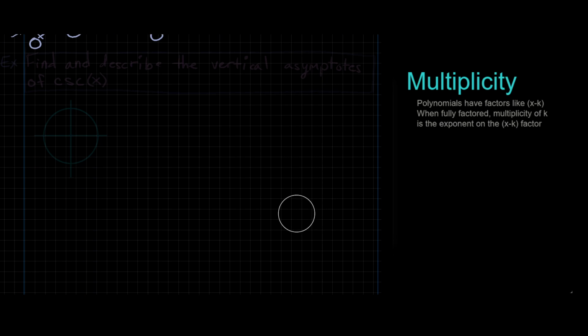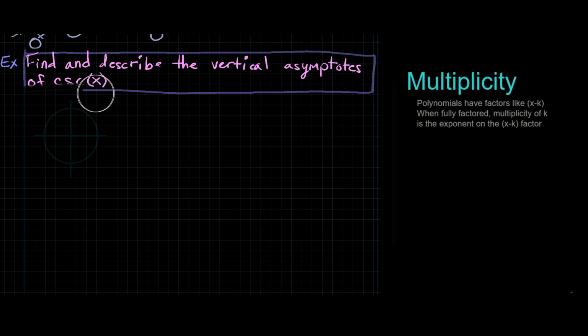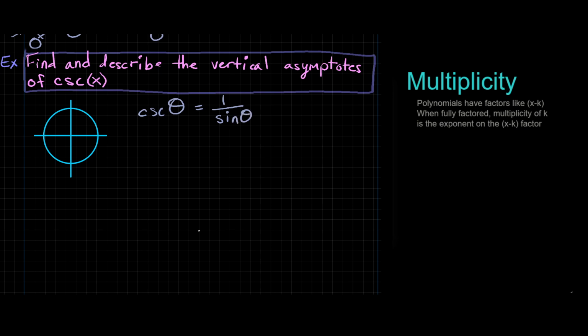Let's make it a little bit more interesting. Let's find and describe all of the vertical asymptotes of cosecant of x. Now remember, cosecant of anything is equal to 1 over the sine of that number.